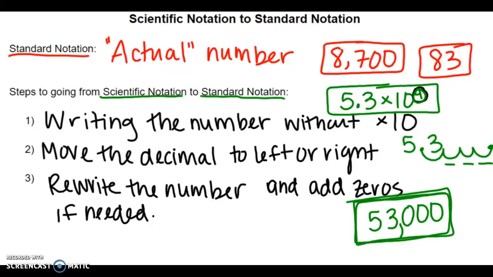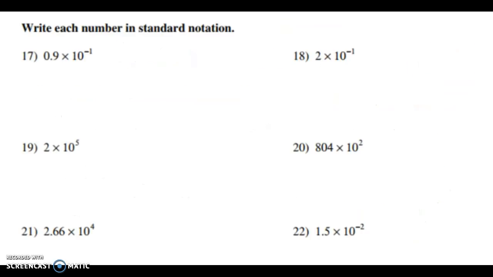Make sure you're pausing the video if I'm going too fast, because you need to have all these parts written down. I'm going to go through a few of them so that we get the idea here. If we remember, my first step is to just write the number without the times 10. Since I have a negative exponent, I know I'm going to go to the left because it's going to become a smaller number.